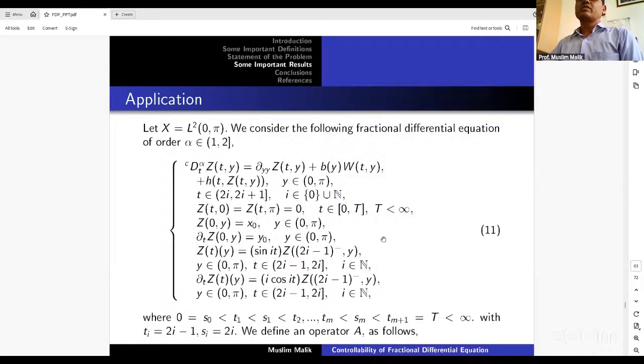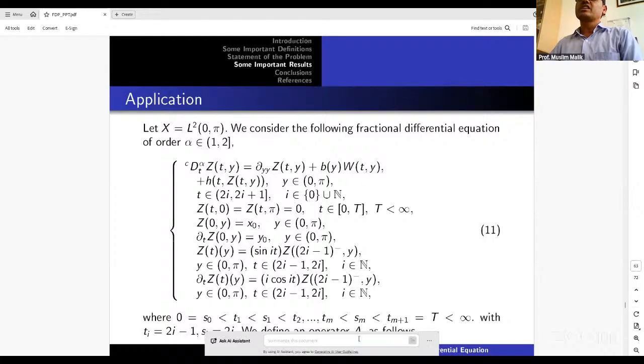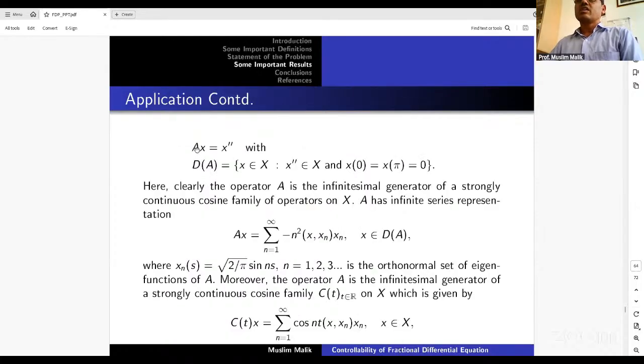What we did was convert this partial differential equation into the form of an ODE in the L2 space, and this conversion of the PDE into the ODE in the L2 space is called the abstract formulation. Here the second order derivative we denote by this operator A, and we define this operator A by Ax = -n² x_n.